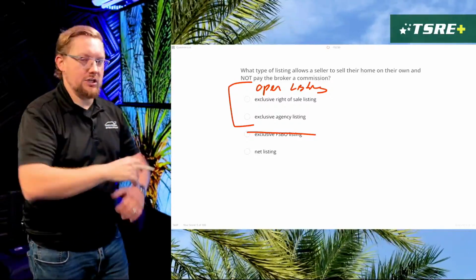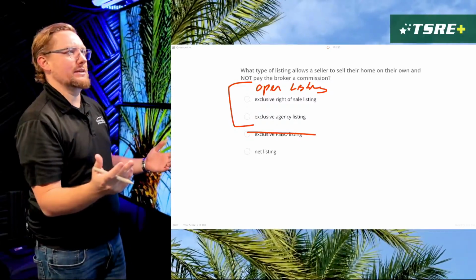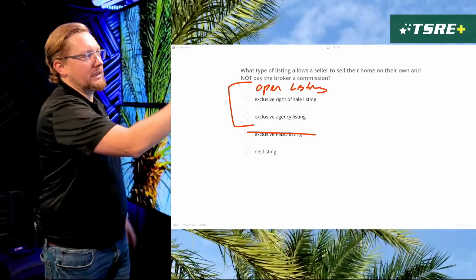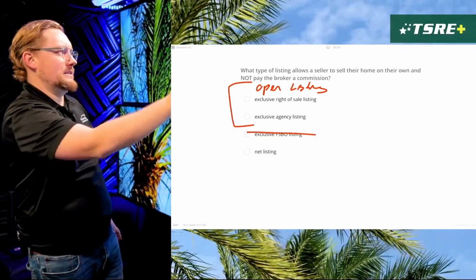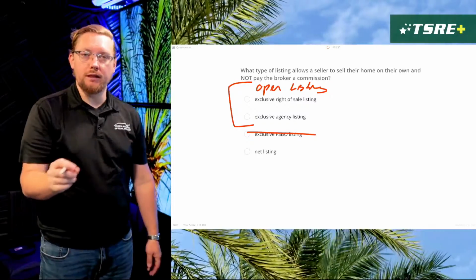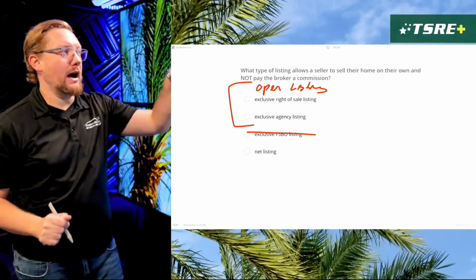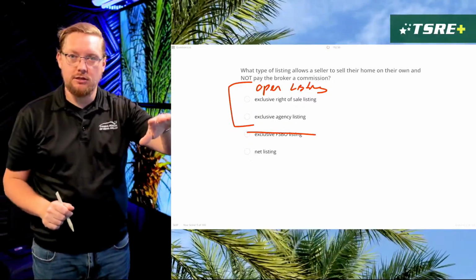If you see this and say, oh, that's the three types I need to know: open listing, which is where multiple brokers can list it, so that's not exclusive. That's probably left out here because the question doesn't say anything specifically about it being exclusive to just one broker, because with an open listing, this technically could be true, where a seller could sell the home on their own and not pay the broker a commission.